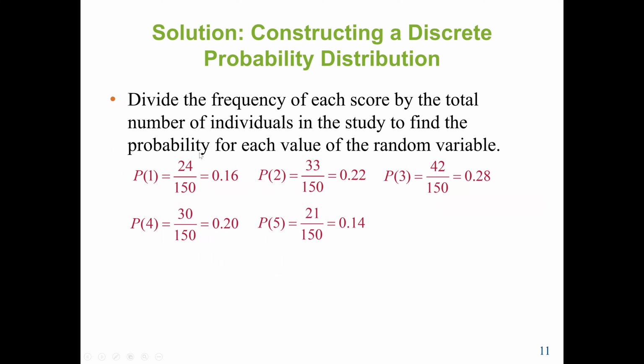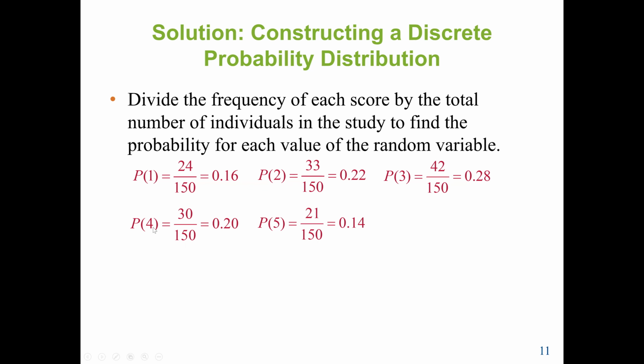The frequency is 24, so we divide 24 by 150, and that gives us 0.16. Then the probability of score 2, the frequency is 33, so we divide 33 by 150, and that gives us 0.22. The probability of score 3, the frequency is 42 divided by 150, that gives us 0.28.